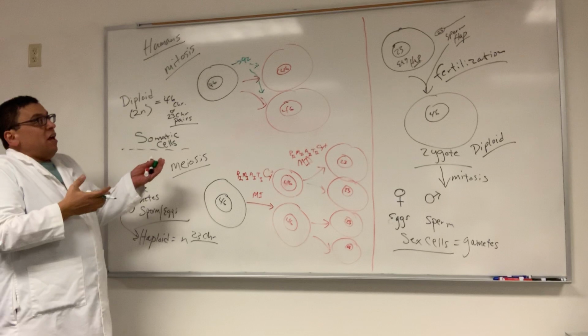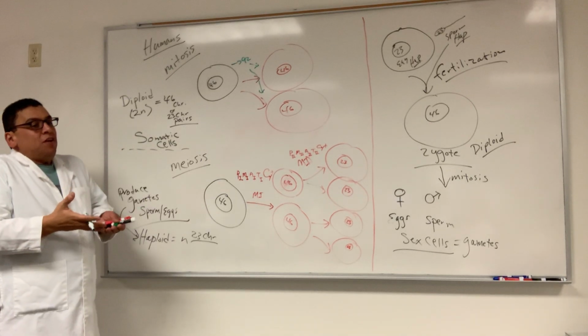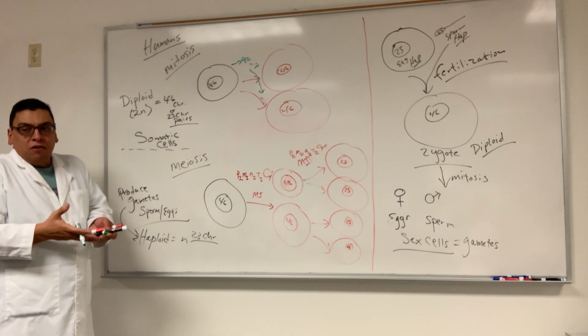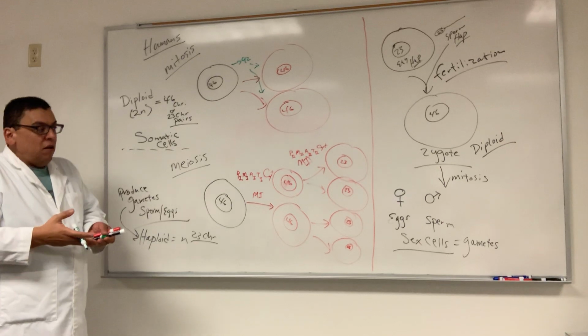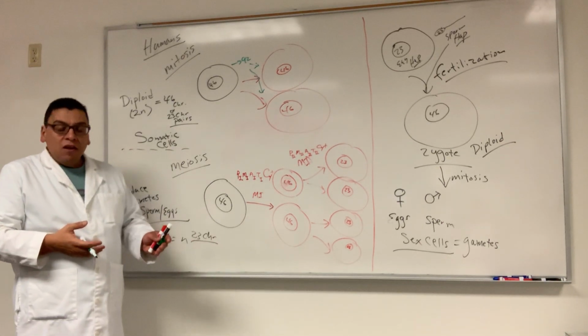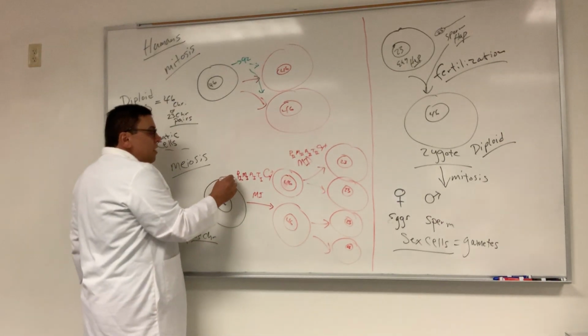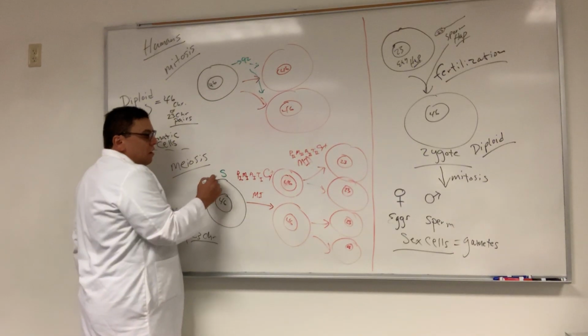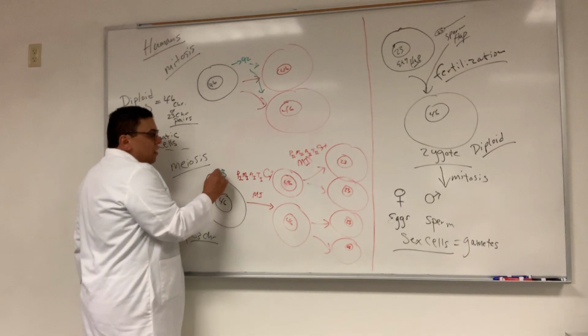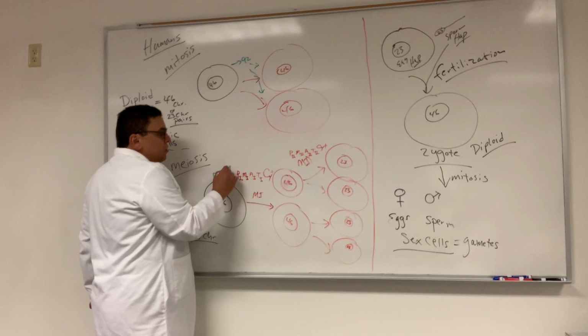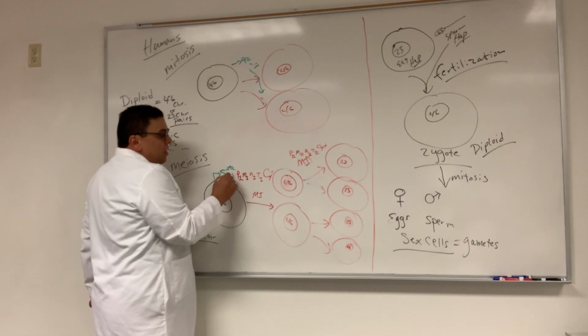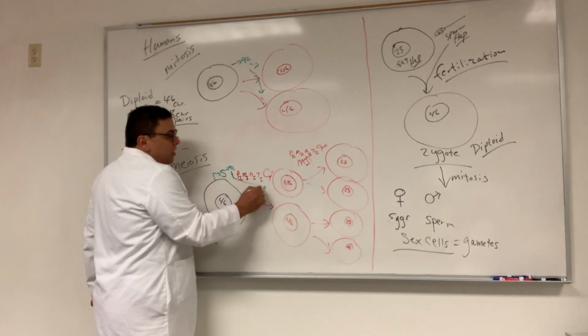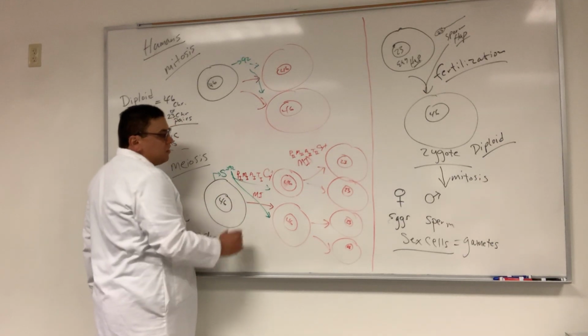So there is an S phase, of course, right before you get into nuclear division in mitosis. Well, the same thing is here. There's an S phase right before this, where the 46 will become 92. And then they're going to go through this, and then they're going to split into 46 and 46.